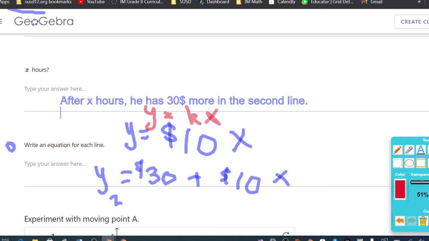And the second equation here, this is y equals, and I'm going to change the order here, the rate 10, k times our x, plus some initial amount he already had, $30. We're going to call that B. Remember, that is B, the y-intercept. So I'm going to write that in here, B. Okay, I'll let you guys catch up while I pause this video.